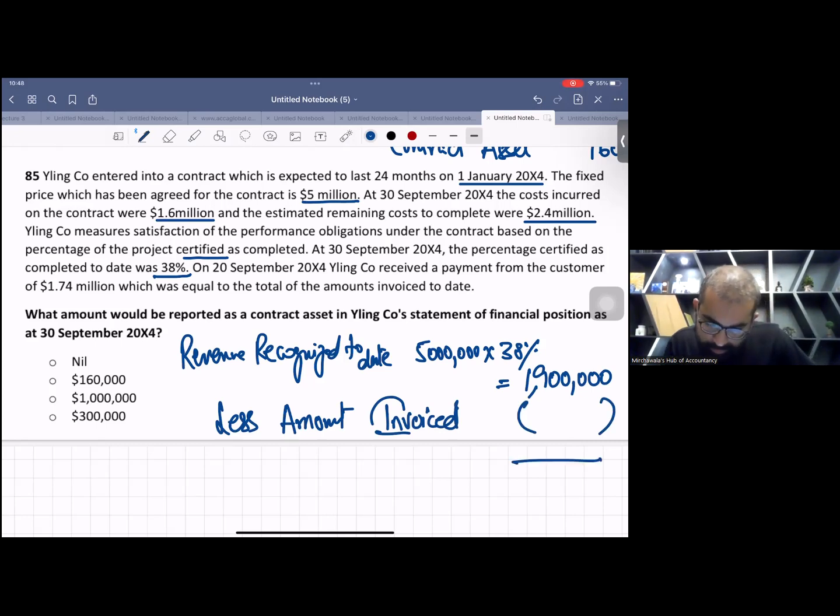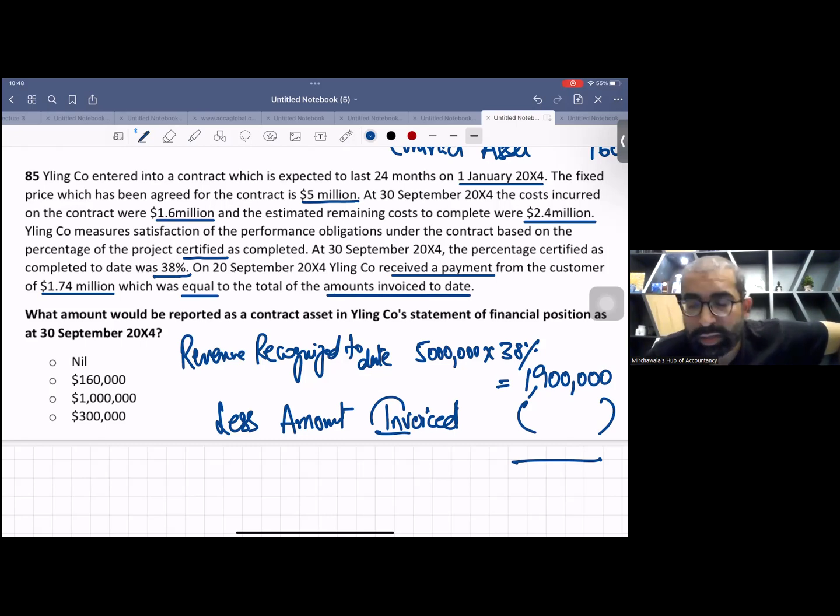Look at here. On 20th September X4, Yelling company received a payment from the customer of 1.74 million, which was equal to the amount invoiced to date. So in this question, amount received and amount invoiced is the same.